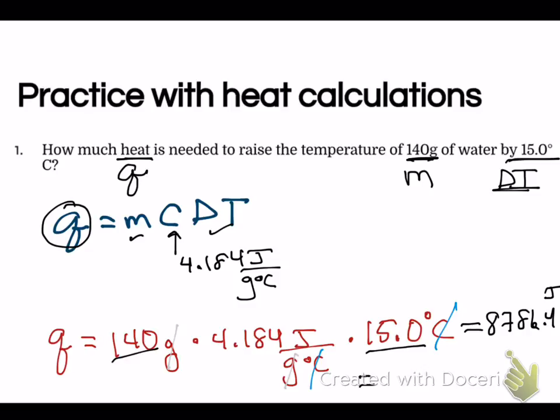So that means that the 8 and 7 are significant, but I have to round here. So if I round that one, it goes up. So that means that I'm going to report my answer as 8800 joules. You'll note that these numbers, these ones here, don't just disappear. They get replaced by zeros, okay? So don't make the mistake of just writing 88, because that is much, much lower than the actual value that we got.